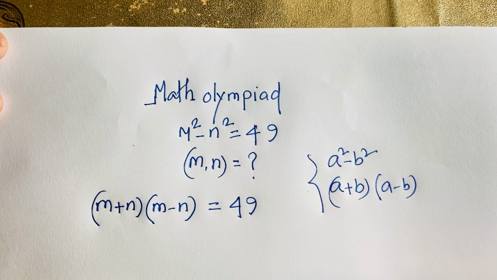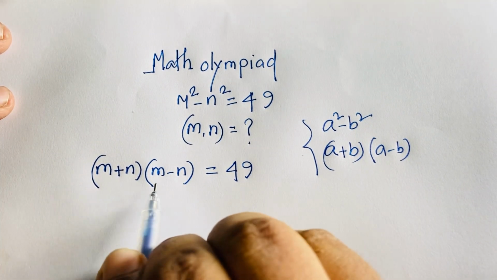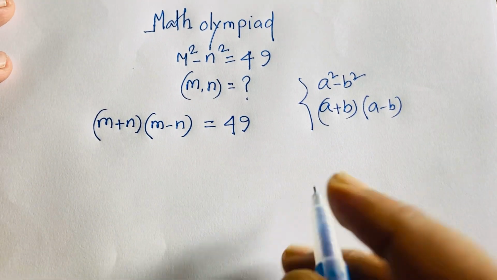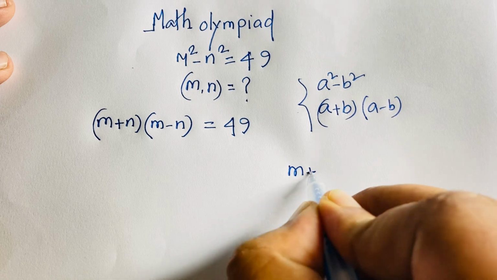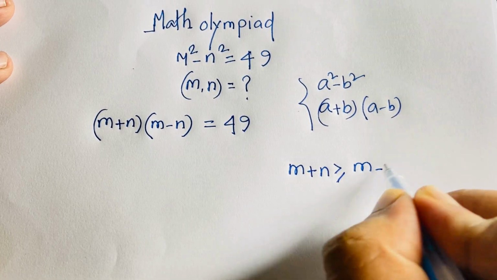Now at this moment, I can say that here is m plus n and here is m minus n. So m plus n is always greater than or equal to m minus n.